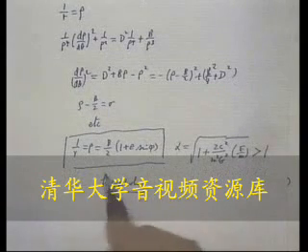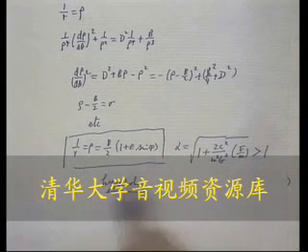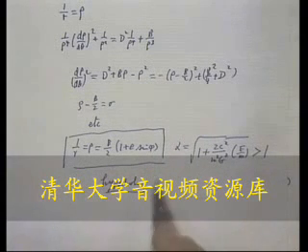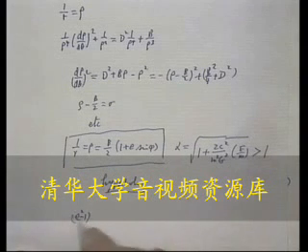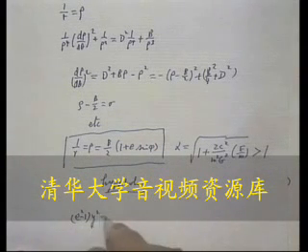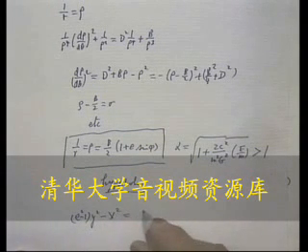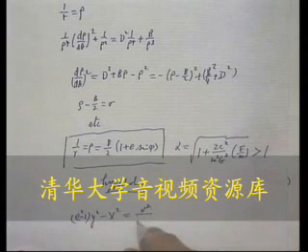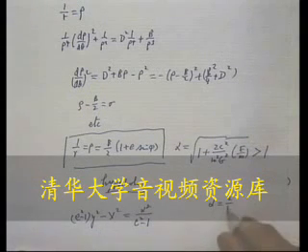If we do the same thing, we multiply it out and then do what we did before, we eventually find the following equation: e squared minus 1 times y squared minus x squared is equal to alpha squared times e squared minus 1. Alpha is equal to 2 over b.